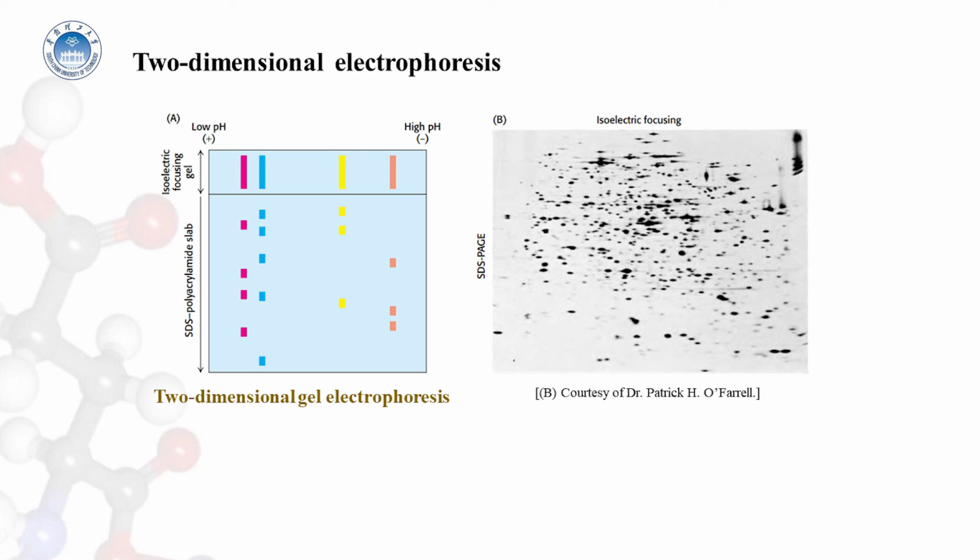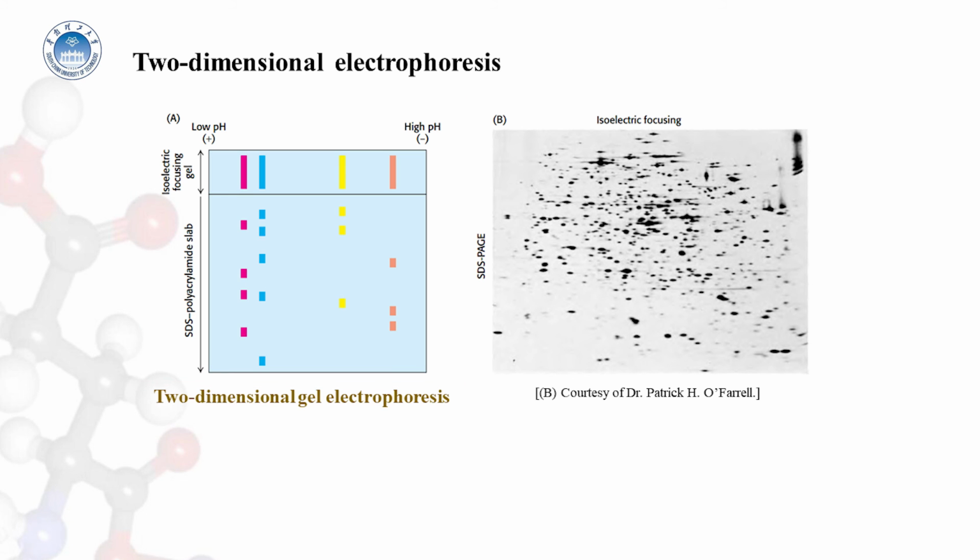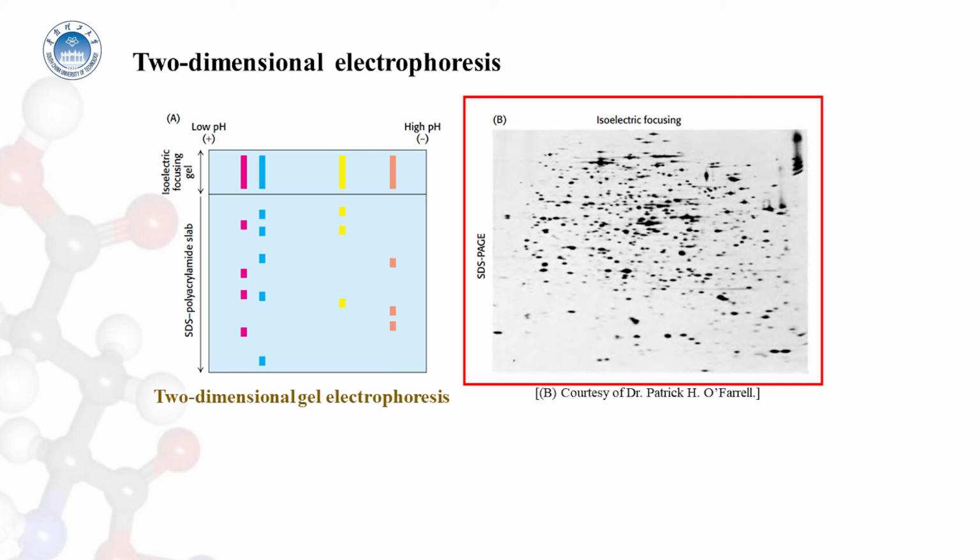Then they undergo electrophoresis again in a perpendicular direction, vertically, to yield a two-dimensional pattern of spots. In such a gel, proteins have been separated in the horizontal direction on the basis of isoelectric point and in the vertical direction on the basis of mass.